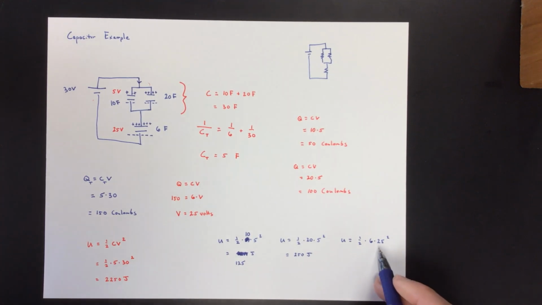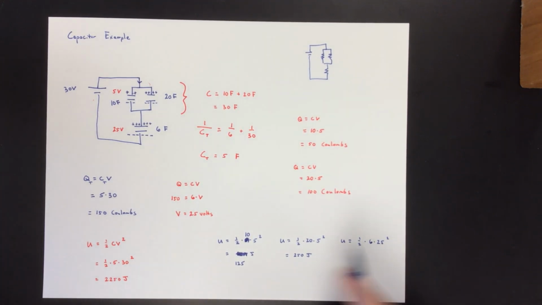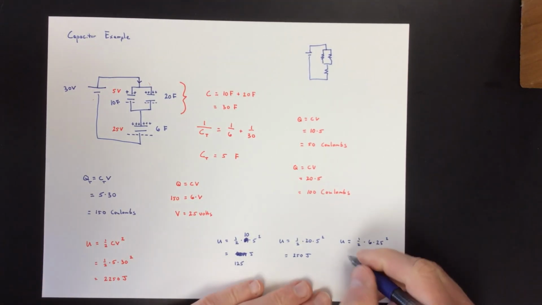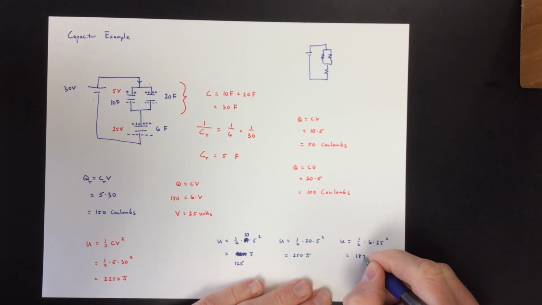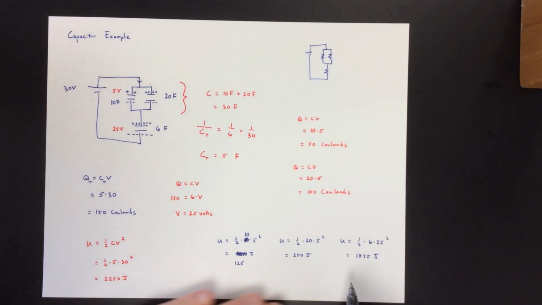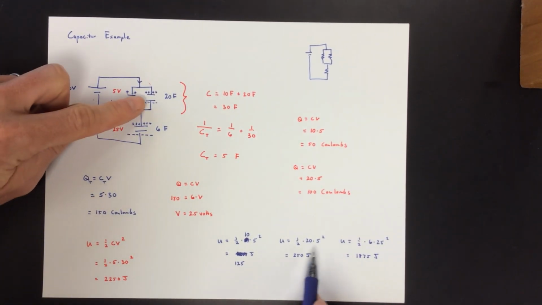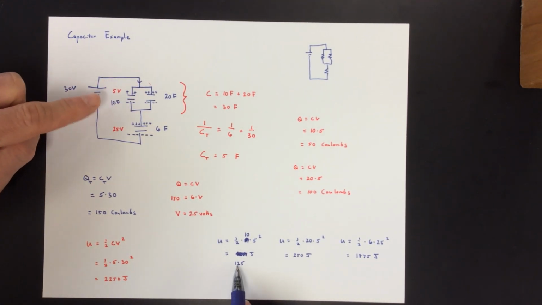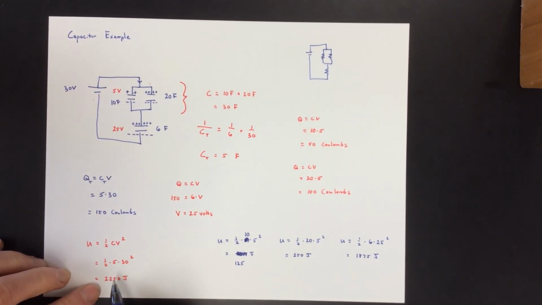So that's 625 times 3. 3 times 25 squared is 1875. And you better believe that the energy stored in the bottom capacitor, the right capacitor, and the left capacitor does in fact equal the total energy stored in the system.